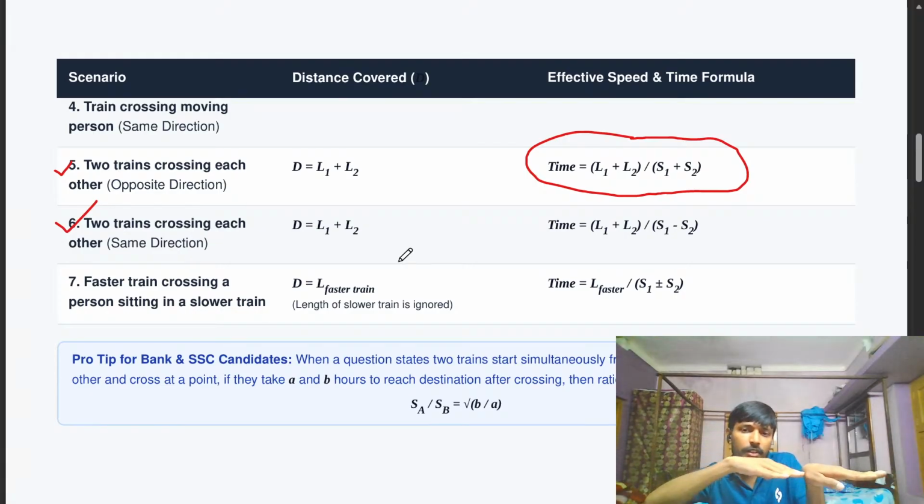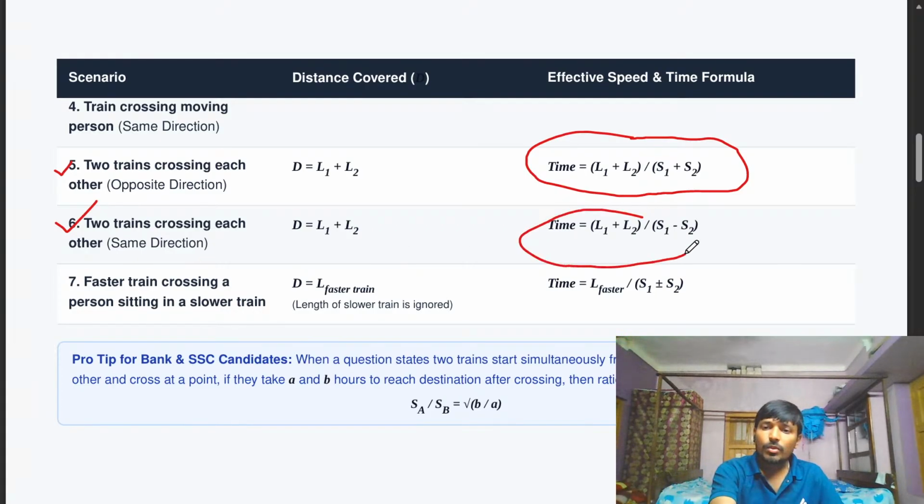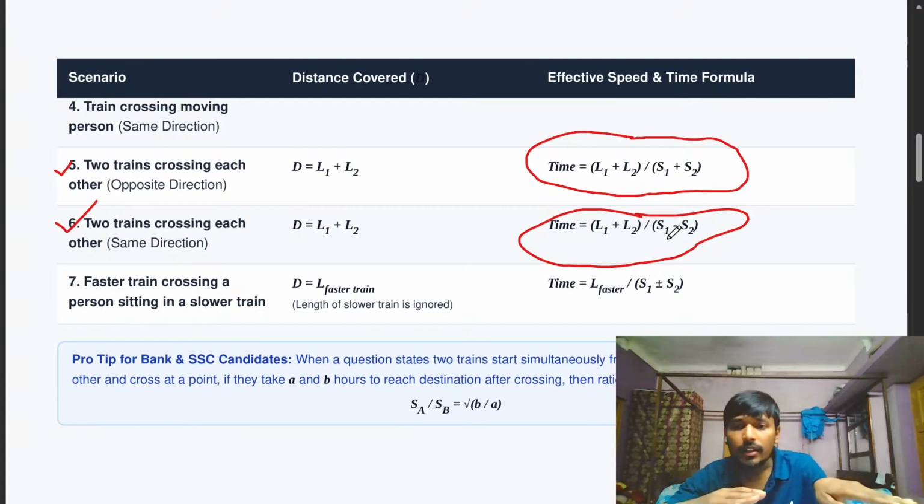Time is equal to the length of the first train divided by S1 minus S2. That means S1 is this one, 50, and S2 is 30 kilometers per hour.